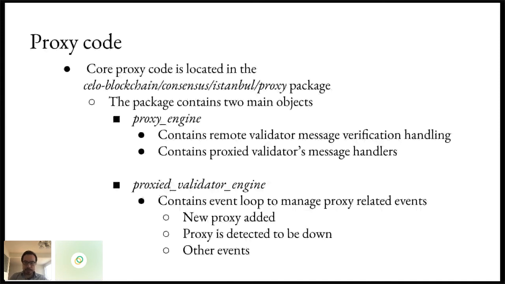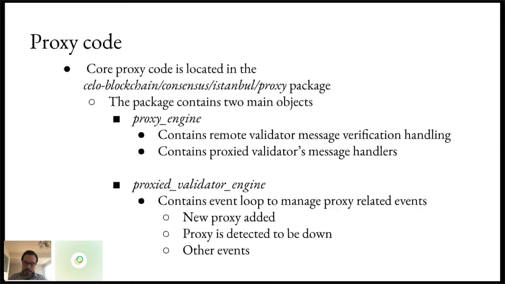As I mentioned, this object will verify all announce and consensus messages that it receives from the external network, and forward the ones that are verified to the proxy validator. This object also handles messages that the proxy validator sends to the proxy.